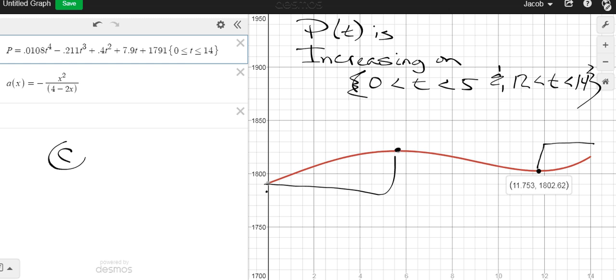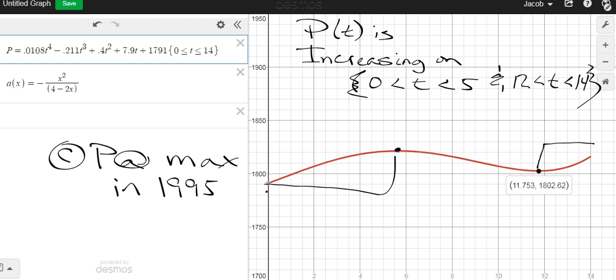So C would be T is at a maximum. I'm just abbreviating here. And then let's just read the graph to see. We can plug 5 into this equation, or we can just read the graph. And it asks us to estimate, right? So let's read the graph. Puts the population right there. 1800, 1810, 1820, 1830, 1840, 1850.